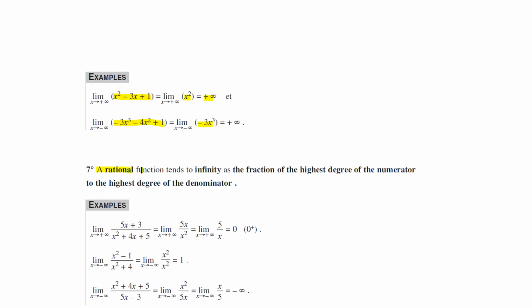A rational function is in the form of a fraction. Okay. So for a rational function at infinity, how do we find the limit? The highest over highest: the highest degree of the numerator over the highest degree of the denominator. For example, this is a rational function.